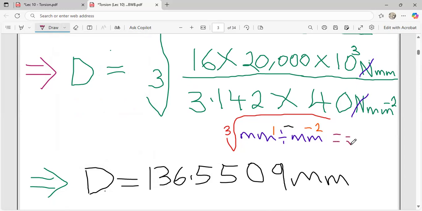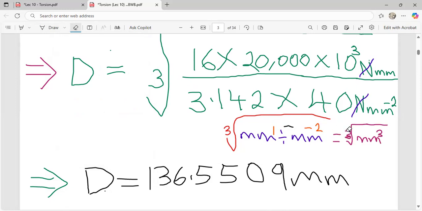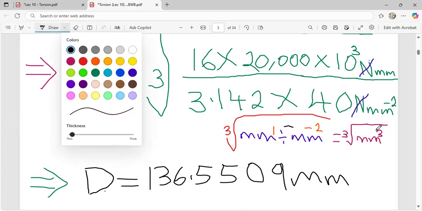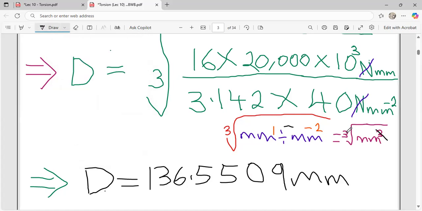Okay, the cubic root of what? Exponent 3. So the cubic root also affected it. It affected it seriously. And due to that, the answer led to just an mm. Okay. So at the end of the day, this guy also came to cancel the whole of this.